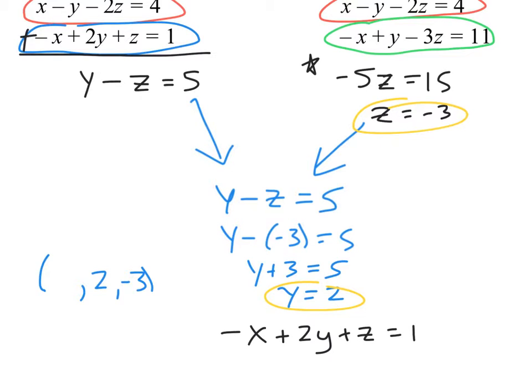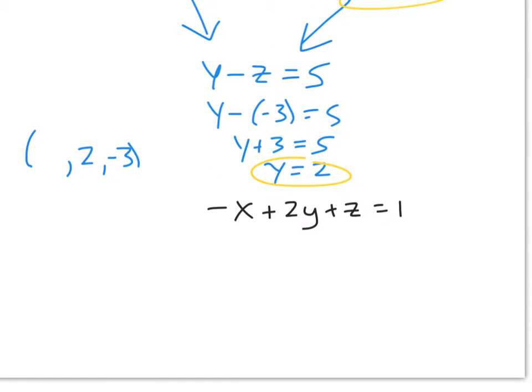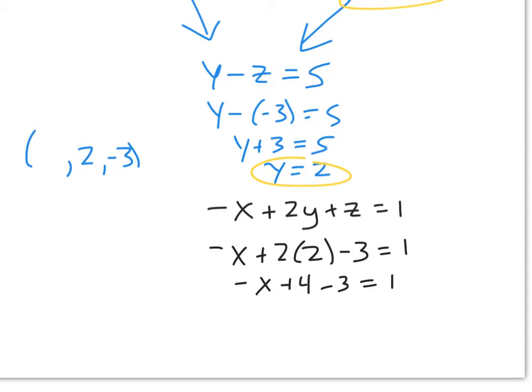But it doesn't matter because remember, a solution means it makes all of my equations true at the same time. So I get -x plus 2 times 2 minus 3 equals 1. So -x plus 4 minus 3 equals 1. -x plus 1 equals 1, so x is going to be 0.